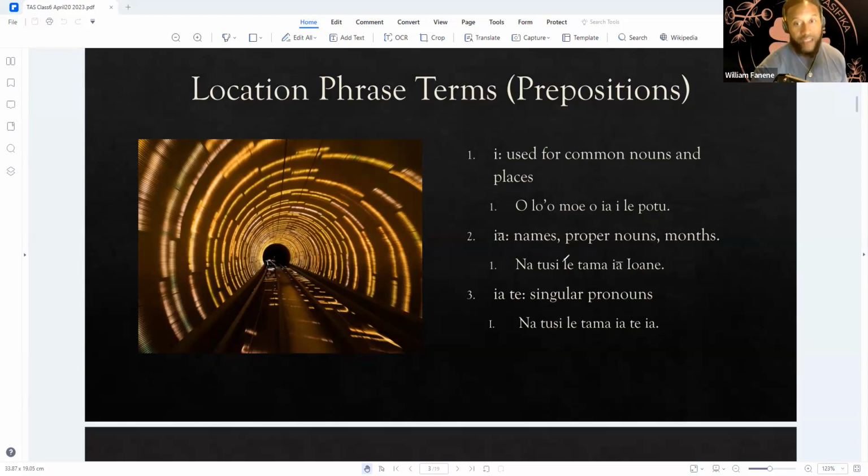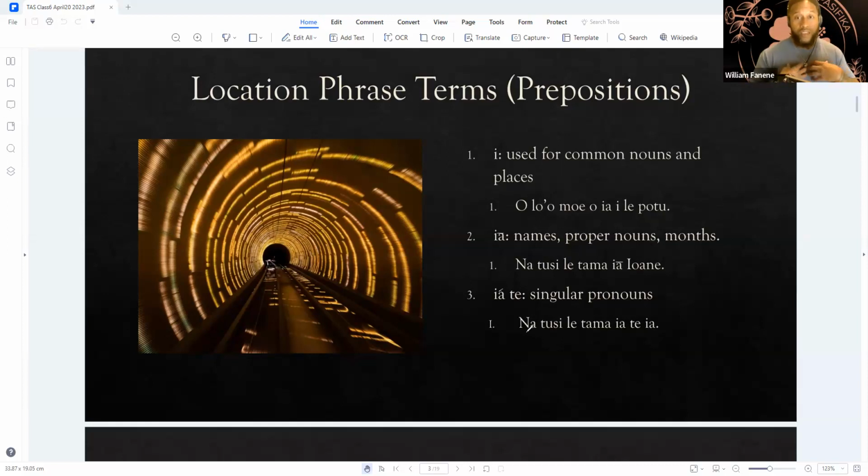Okay, ya te introduces singular pronouns. I've seen this in the book that you guys got, Ngalu Male Mana Hunkin, this one right here. Oh, you can't even see it because it's green. But in that book and some of the other books, they'll say ya te introduces singular pronouns.